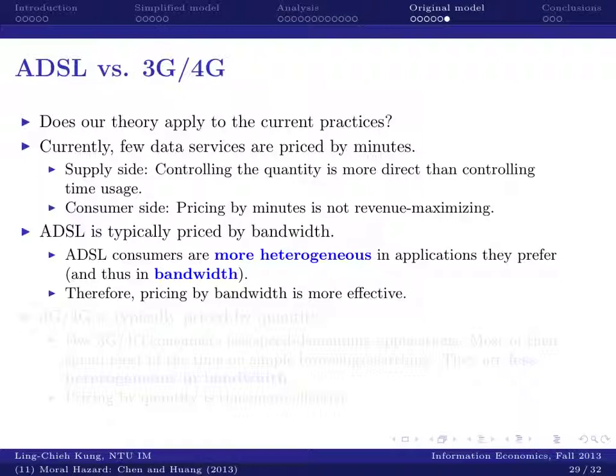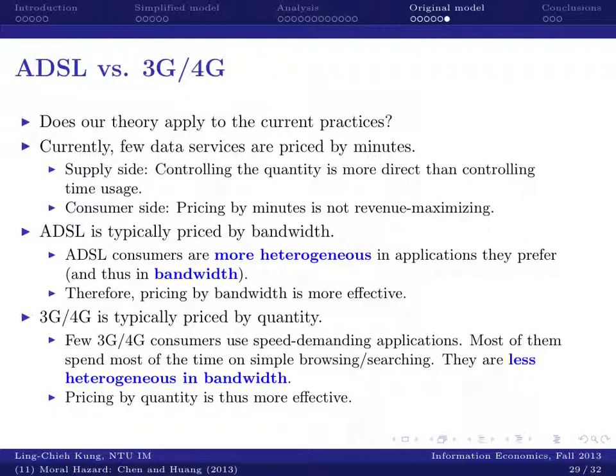But for other users, they may need to play video games or online games. They need to use high-speed applications. So people are heterogeneous in bandwidth, so pricing by bandwidth is more effective because people are just more heterogeneous there.